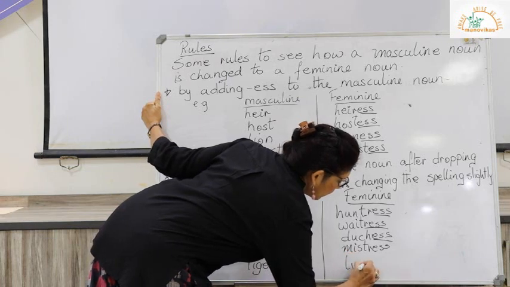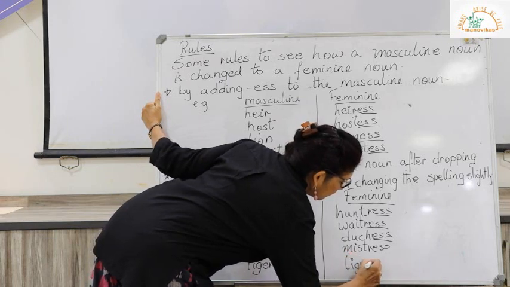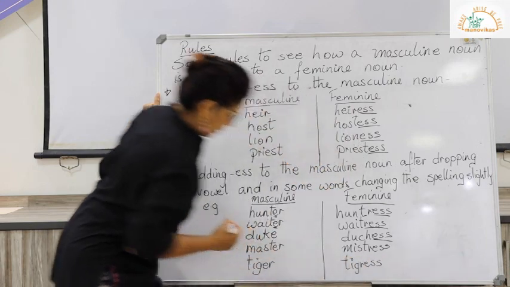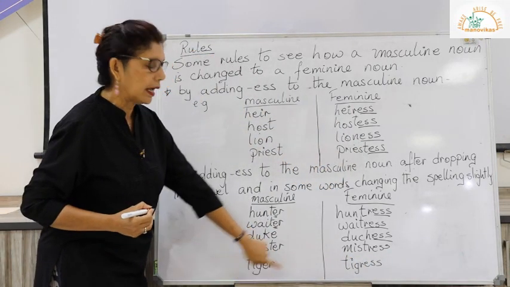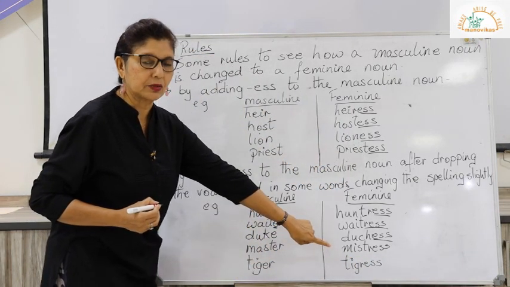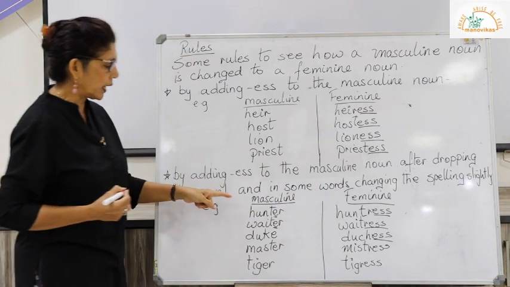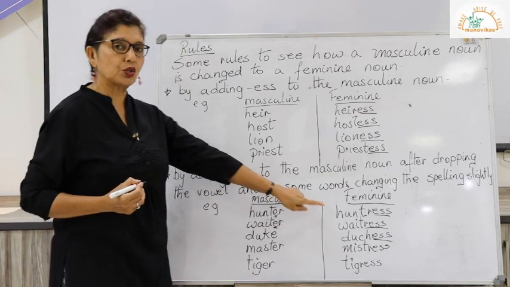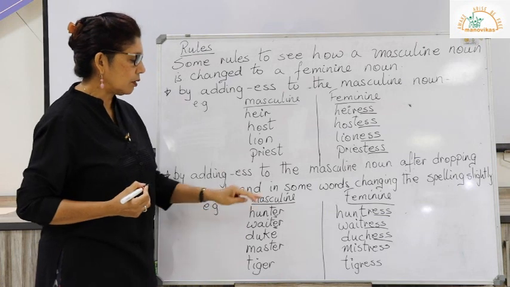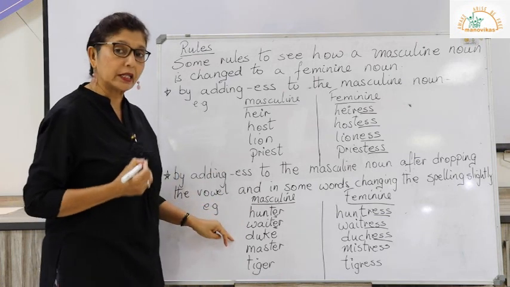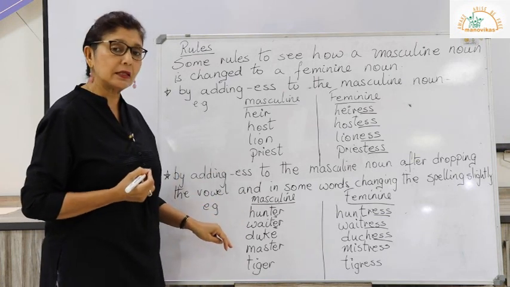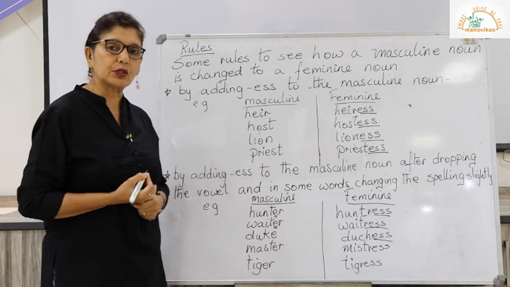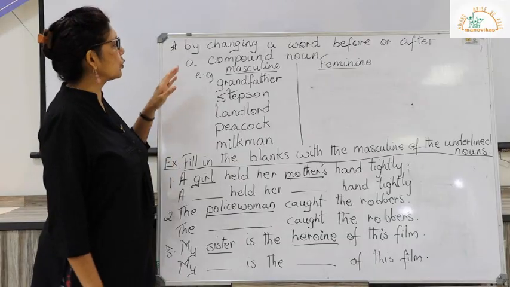Again you drop the vowel here and you change it to tigress, which becomes feminine. So again, hunter changes to huntress, waiter to waitress, duke to duchess, master to mistress, and tiger to tigress.